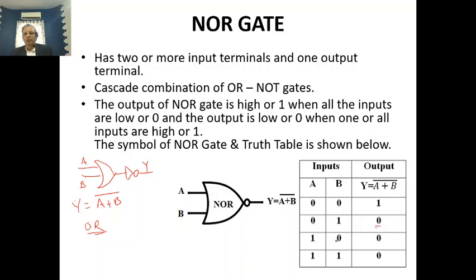Then 1, 0: for the OR gate 1, this becomes 0. For 1, 1: 1 for the OR gate, and for the NOR gate this becomes 0. And for 0, 0, this is 1. Means for the NOR gate, we can say that if any one input is high, the output will be 0.